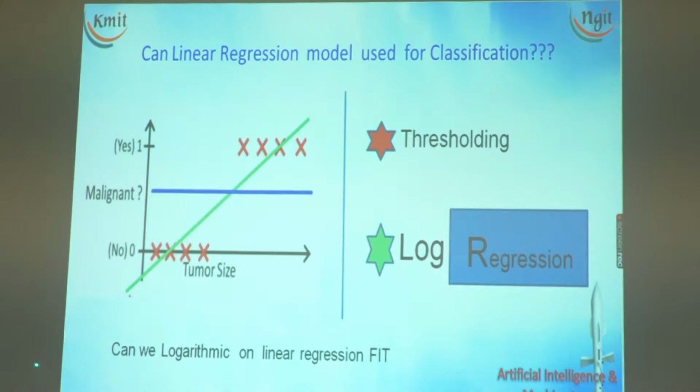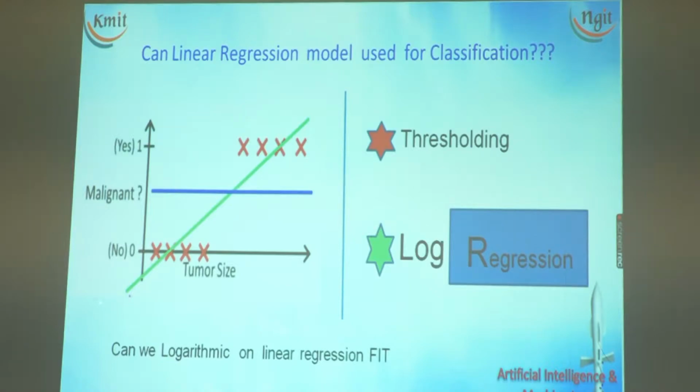No. We need to do something to convert this straight line fit to another form. So, can we go for thresholding? Change the line towards 0.8 and say tumor is detected.